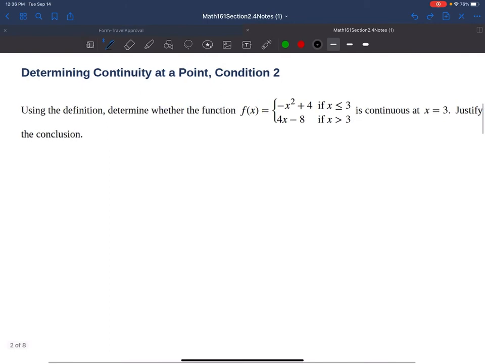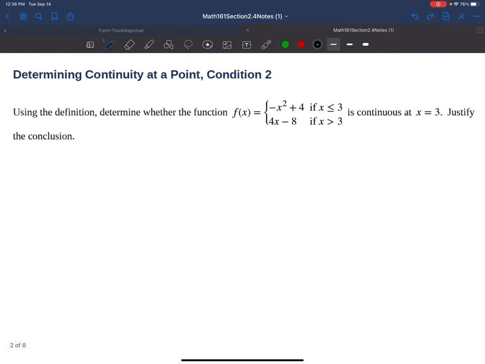Let's take the next one. The condition 2 is going to be violated here, but let's discover how. So first of all, let's look at condition 1. Let's look at the value of the function at 3. We're checking if this function is continuous at 3. Well, it looks like the value of the function at 3 is just going to use the top definition, because it says that f of x equals negative x squared plus 4 if x is less than or equal to 3.